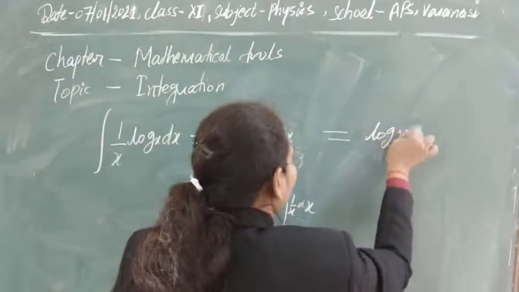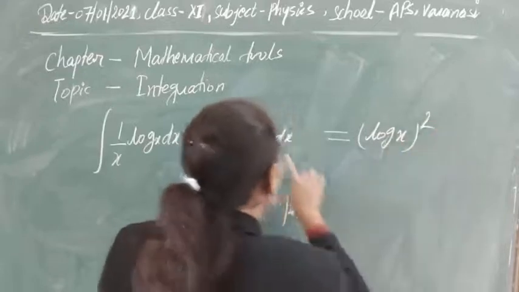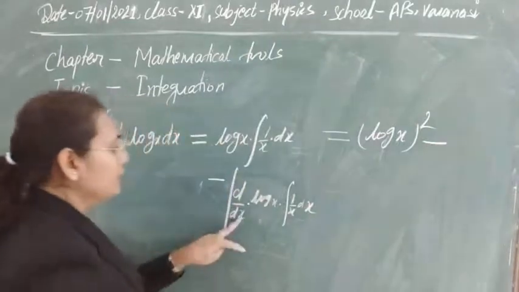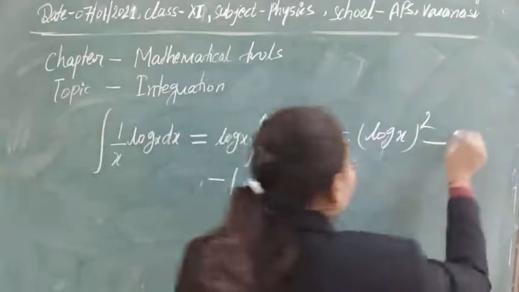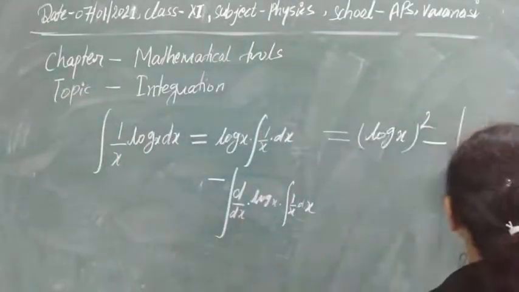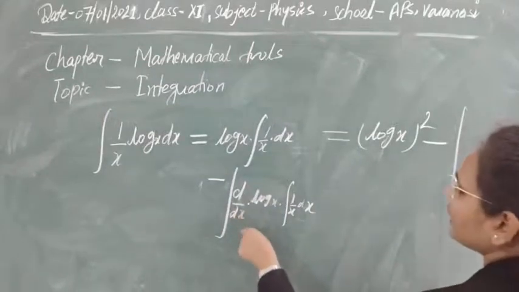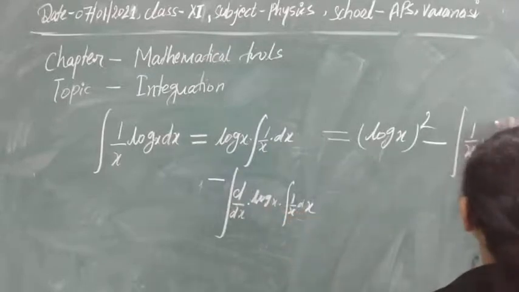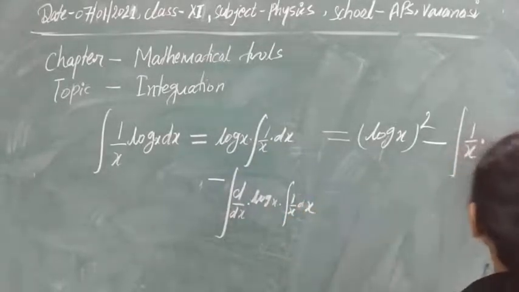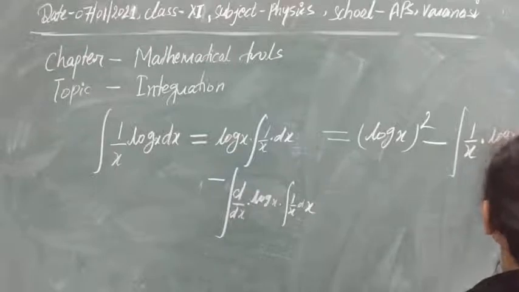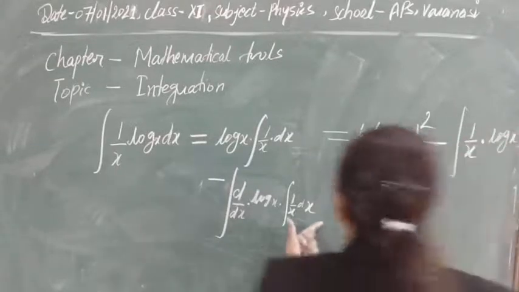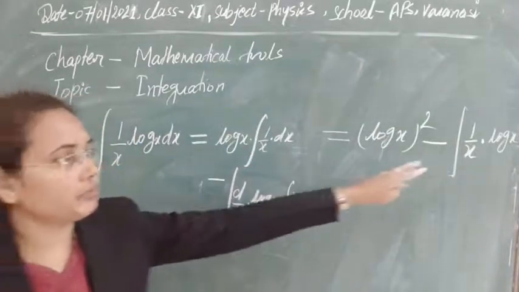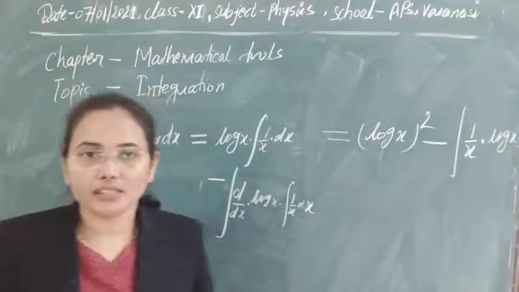It will be log x whole square, minus, here if you solve it, d dx of log x is 1 by x, and after solving it will again be equal to log x. As its integration is log x, its differentiation is 1 by x. So again we have got the same quantity.